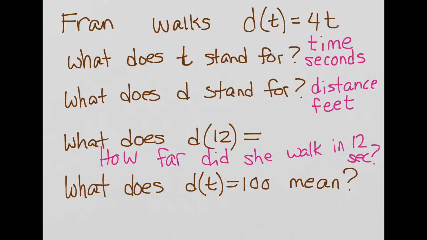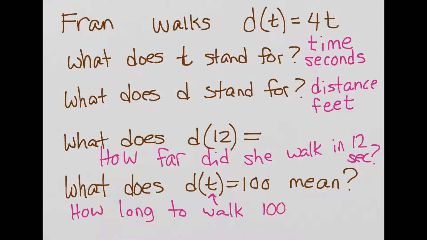Okay, let's look at the next one then. This time we don't know the time. There's still a t there, but we do know the distance. The distance is 100. So we must be looking for the time. So then our question must be something that says how long. How long with 100? What does that mean? How long to walk 100 feet?